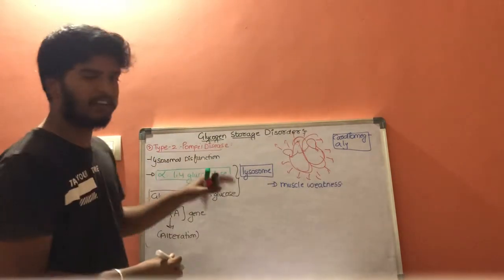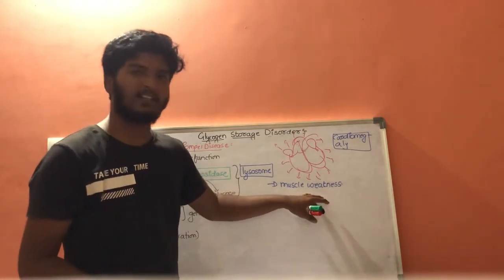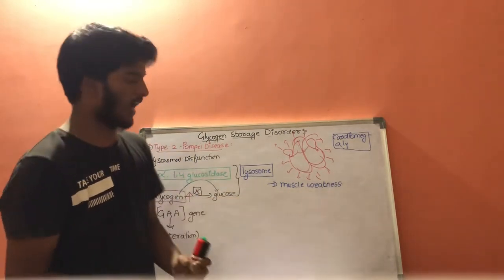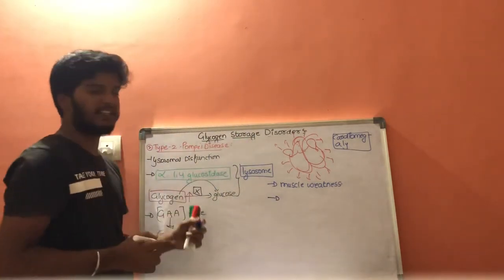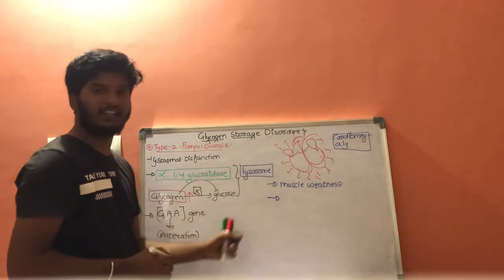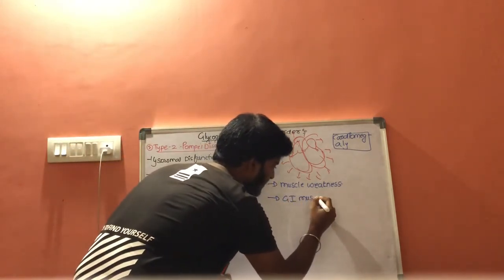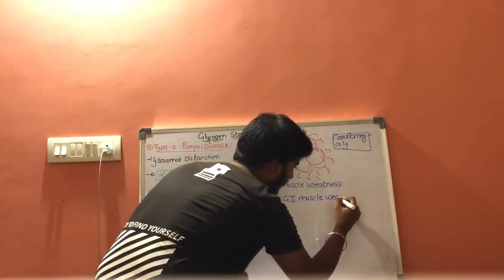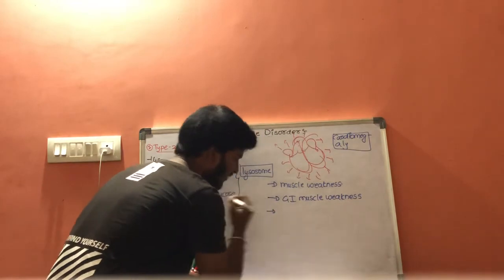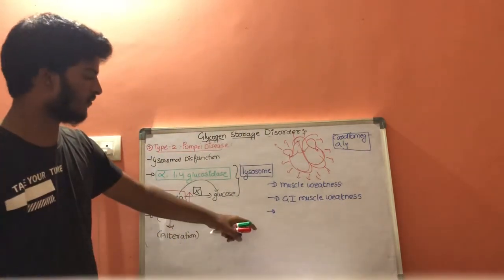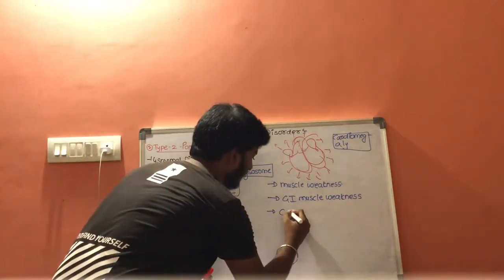A person suffering from Pompe disease can experience muscle weakness, and can also experience gastrointestinal muscle weakness, and it also includes cardiac muscle weakness.